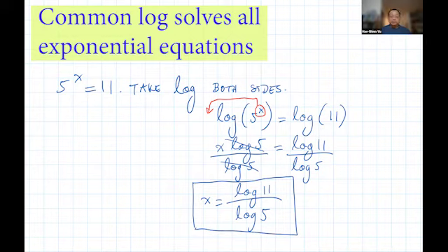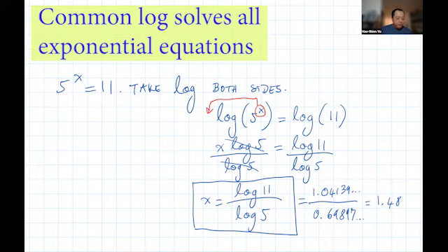I can box it up. If I really want to, I can punch this into my calculator, and I end up with 1.4899 rounded. Same answer as before. But I definitely can just leave it as log 11 over log 5.